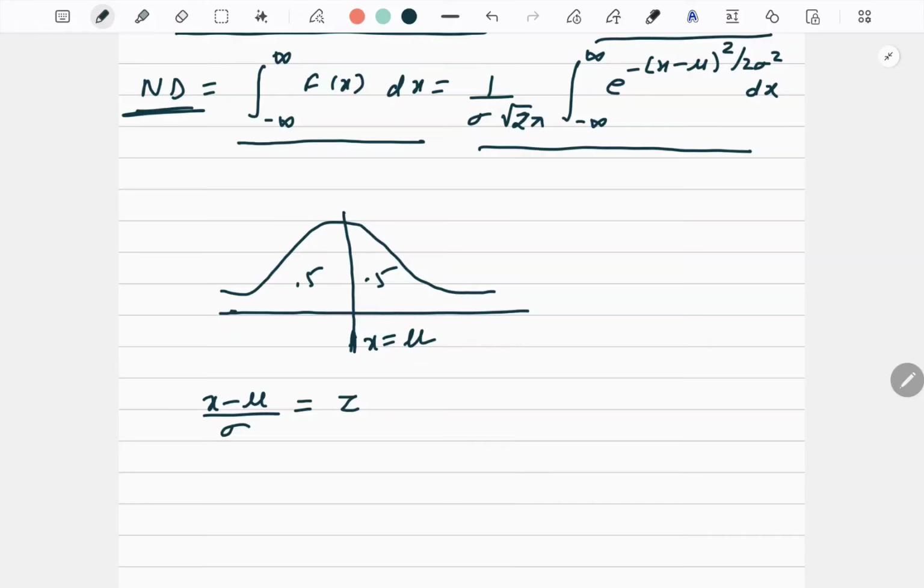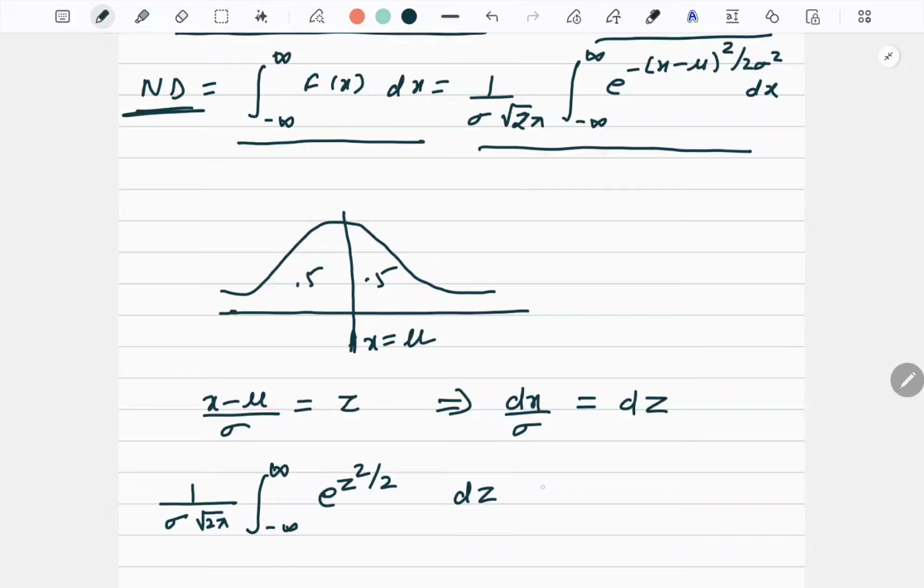What is the value of dx? dx by sigma is equal to dz. So now this integral will be converted into 1 upon sigma root 2 pi, integral from minus infinity to infinity of e to the power minus z square by 2. In place of dx, you write sigma dz. Sigma and sigma get cancelled.